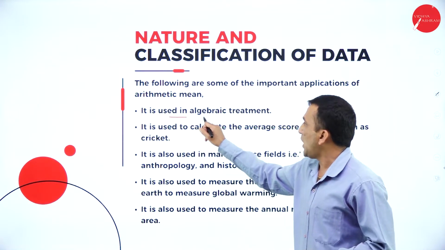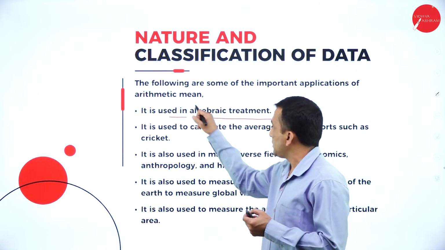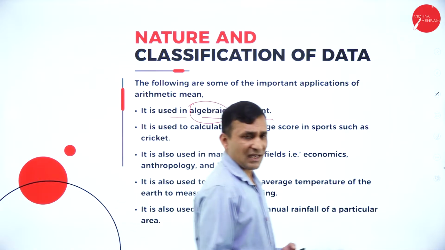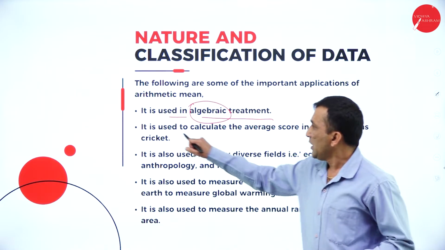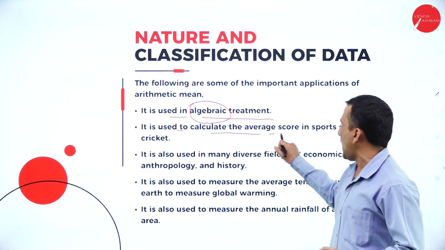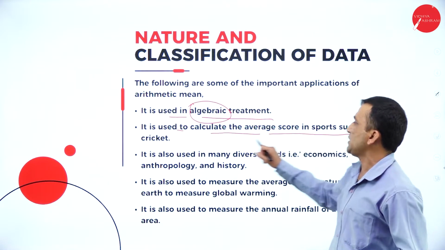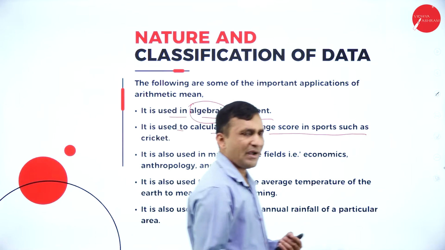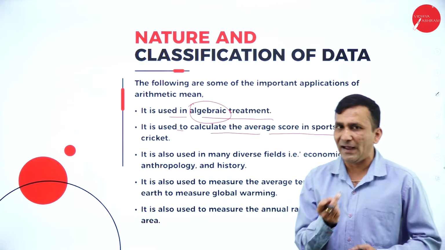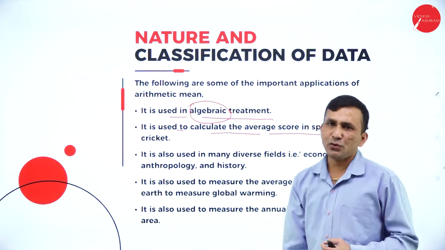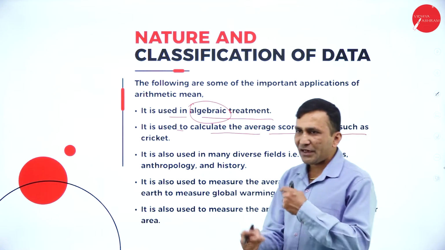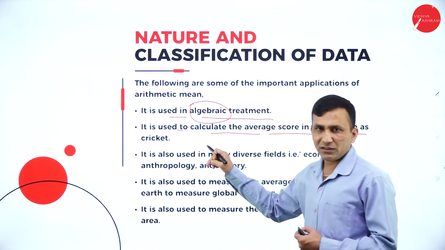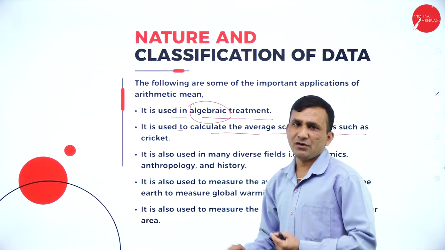It is used for algebraic treatment because it is a mathematical concept, and it is used to calculate the average score in sports such as cricket. See, they played 3 or 4 matches, and we need to get one value, right? In that case, also for average sales or average demand, everywhere we can use the arithmetic mean to get one central value.